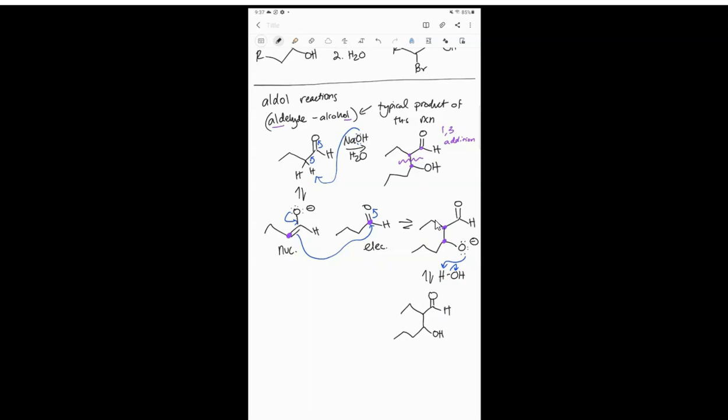They will form a new carbon-carbon bond between the alpha carbon of one of the aldehydes and the carbonyl carbon of the second aldehyde, giving us our product there. And then we will have the protonation step at the end. So the new bond, again, that's being formed here is between the alpha carbon of the aldehyde and the carbon that has now got our alcohol.